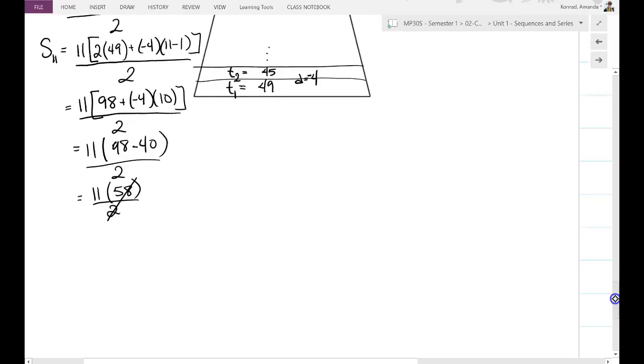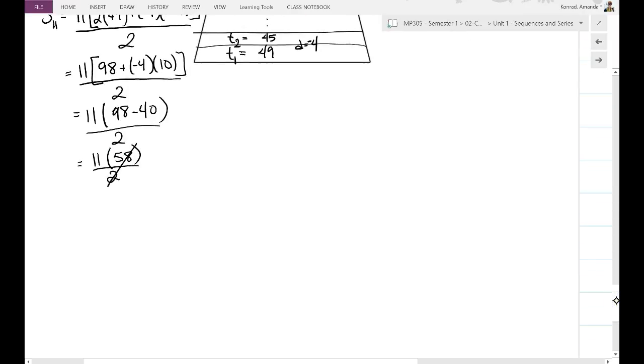So we've got 58 divided by 2, so it's going to be 11 times 29. I'm going to use my calculator for that. That gives me 319 cans in the trapezoid.